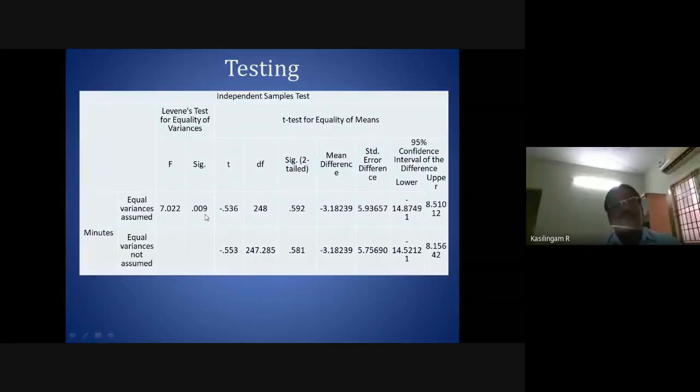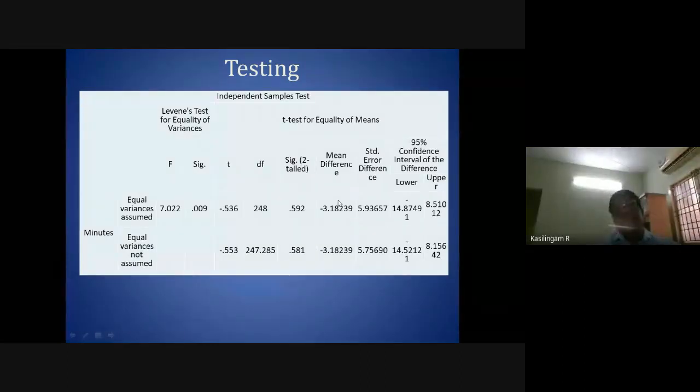It is not 0.09, please understand. It is 0.009, which is less than 0.05, which means we have to reject the equal variance assumed. This one we have to reject. The top row we have to reject.